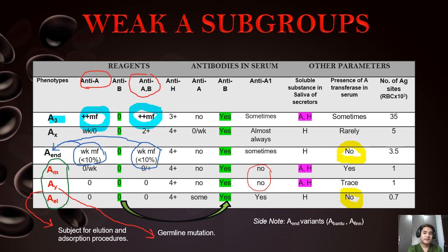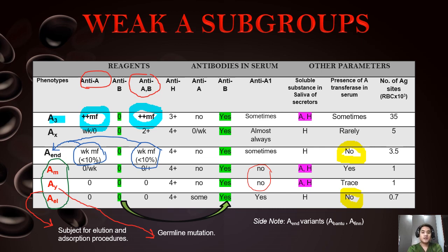On the other hand, Aend also demonstrates mixed field but in a very weak reaction only, since anti-A and anti-AB only agglutinates about 10% or less of the Aend RBCs, and was also associated with two known variants, namely your A-Bantu and A-Fin, which is not given much importance, but it is good to know.